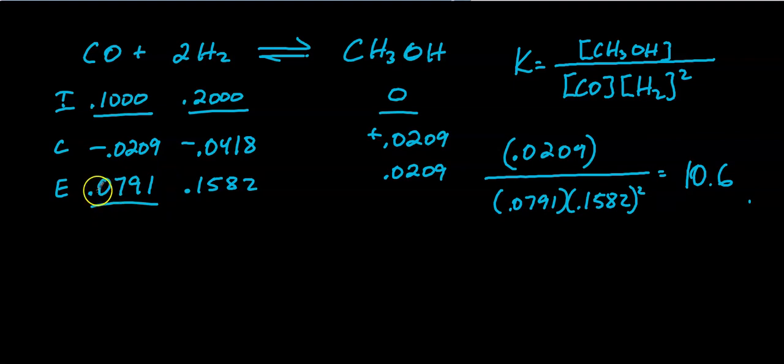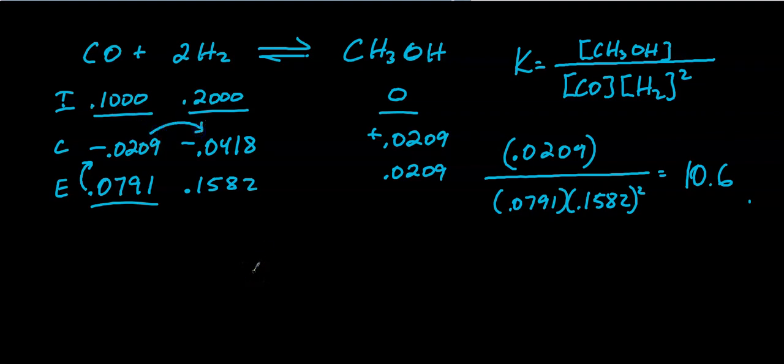So from here, I went here. If you started with 0.1000 molar and at equilibrium you have 0.0791 molar, that means the concentration went down by 0.0209. And then from here, I went here using the mole ratio.